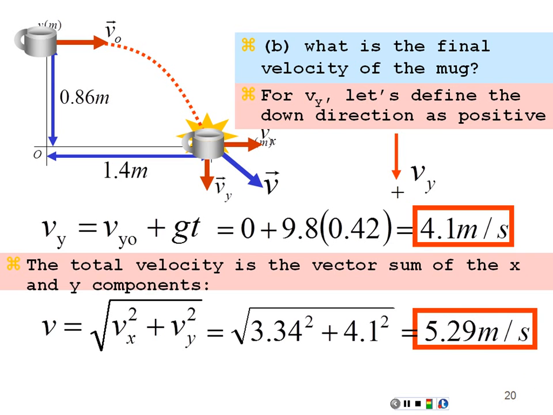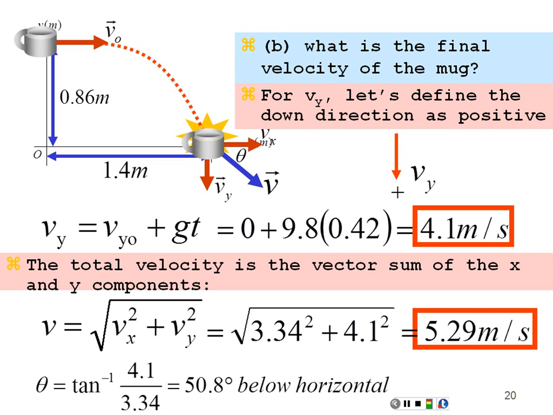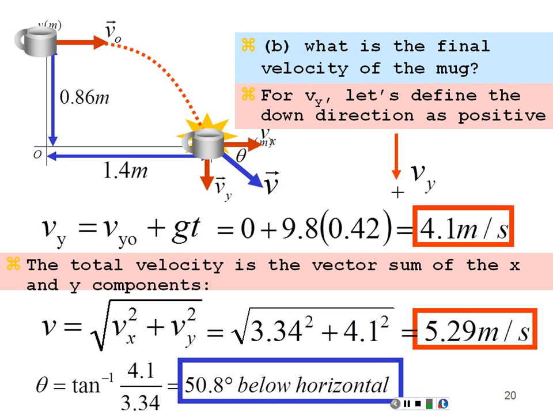Our angle will be the inverse tangent of our y over our x. 4.1 divided by 3.34, inverse tangent is 50.8 degrees, and that'll be this angle below the horizontal. So we're going to hit at an angle of 50.8 degrees below the horizontal when we hit the ground.